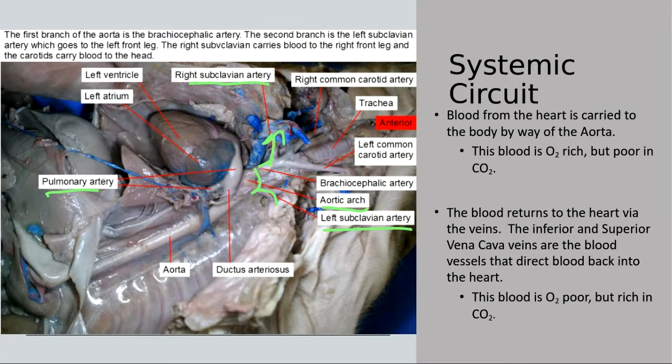Another split that will happen is the carotid split. It'll have a left common carotid and a right common carotid. These are the blood vessels that you can feel on your neck pumping. They pump because they're so close to the heart that you still feel the pumping motion of the heart. Right? They are very strong pumping sensations. So you can put 2 fingers on your neck and you can feel that. All right, so you have the carotid artery, left and right.